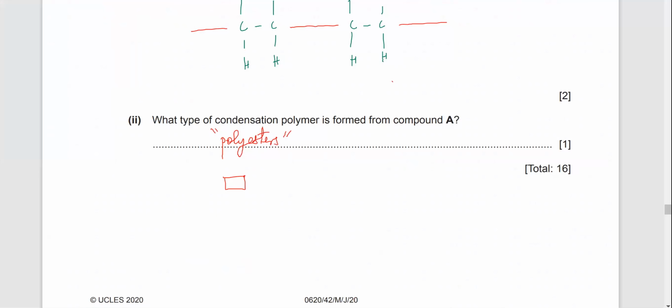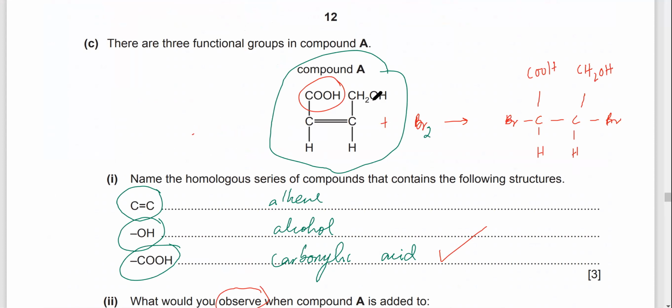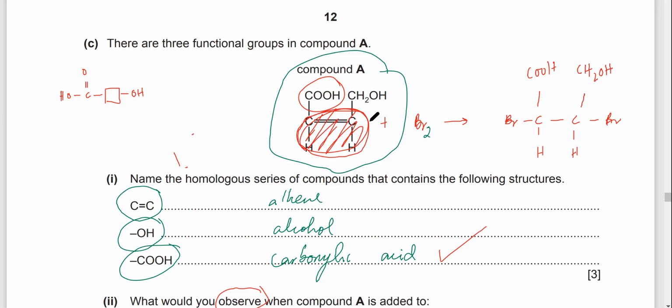Now if you look at the question over here, in this molecule, if I box this part and hide it, you'll notice on one side there is an alcohol and on the other side there is a carboxylic acid. If I hide the rest of the molecule in a box, OH is sticking out on one side and COOH on the other side. Do you get this, Saad? Do you get this, Sidra?